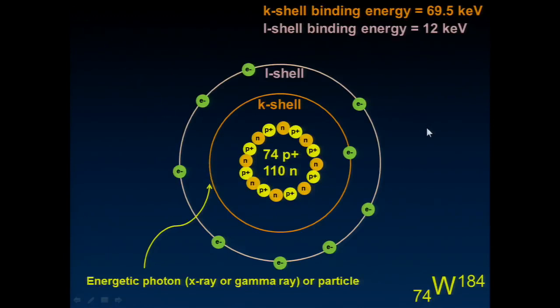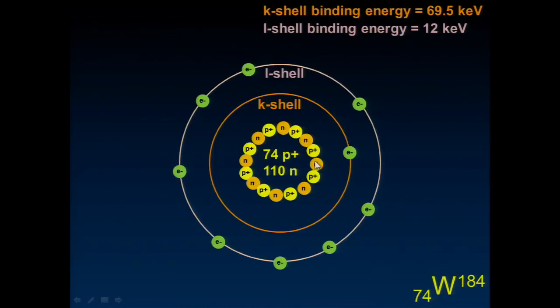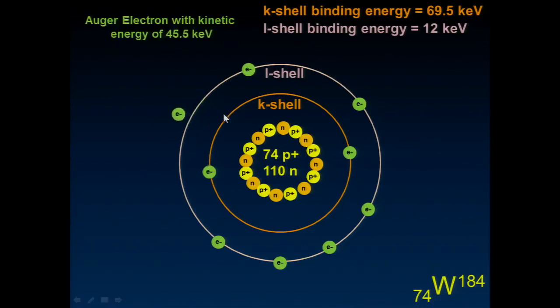Sometimes when we kick that out, as we get this transition, rather than getting that 57.5 or so keV characteristic X-ray energy, that energy gets transferred to one of these outer shell electrons, and it heads off with a kinetic energy that's equal to the difference of these, but also minus its binding shell energy.